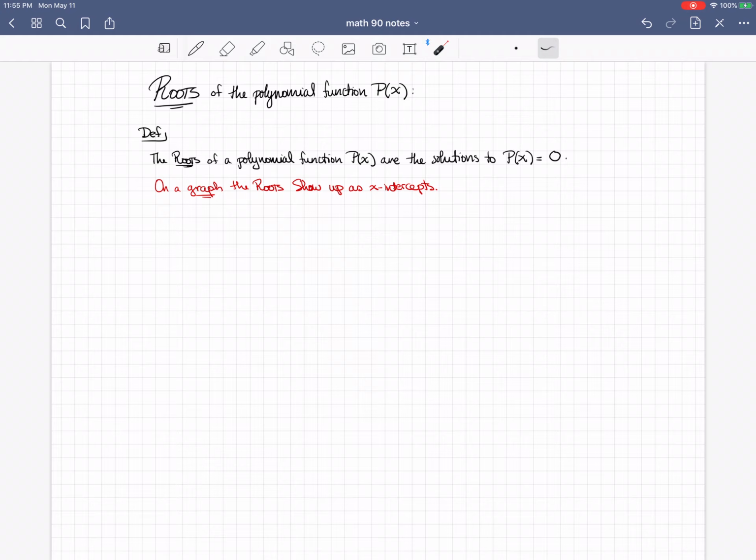What I want to do next is look at a couple of examples where we not only play around with the idea of roots, but also explore the idea of degree some more. For these examples, the polynomials will be written in factored form.